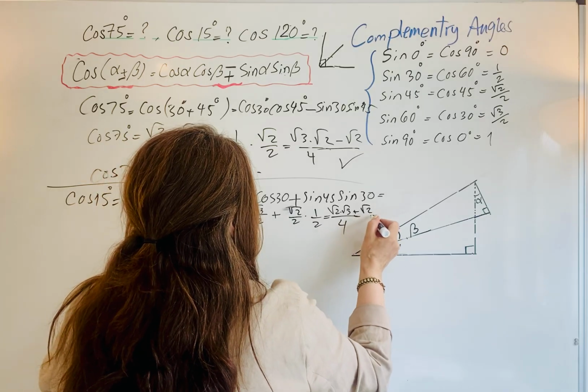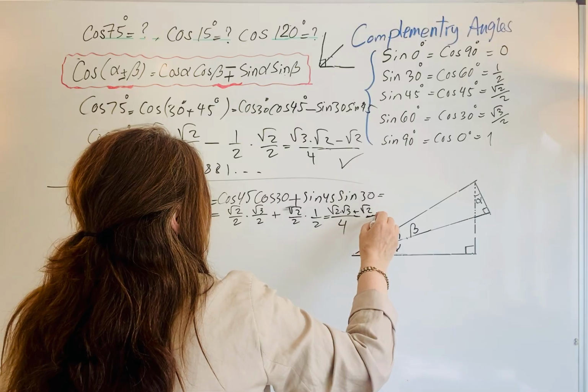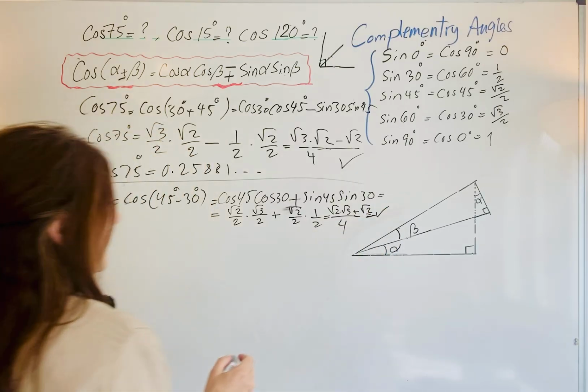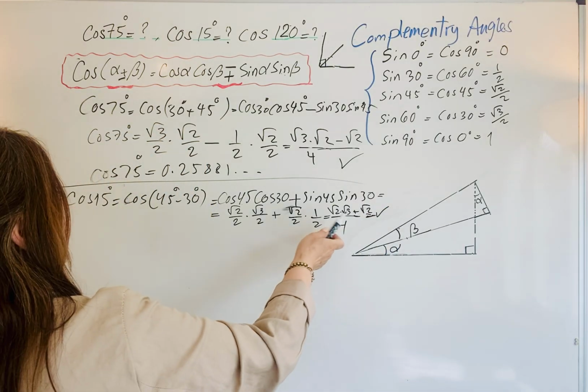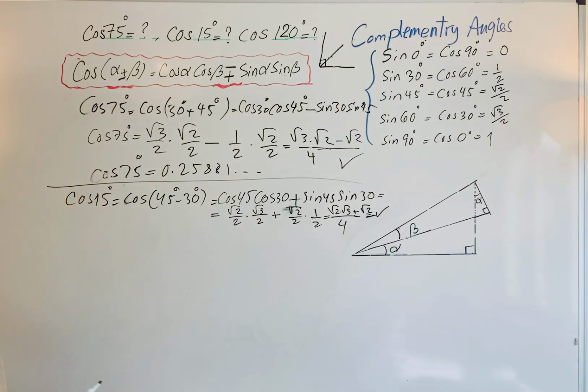Okay, find this one. It's enough when you don't have any access to a calculator. If you have a calculator, you can go and find cosine 15.